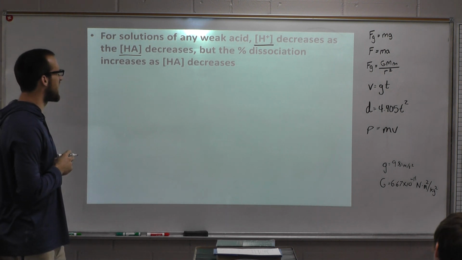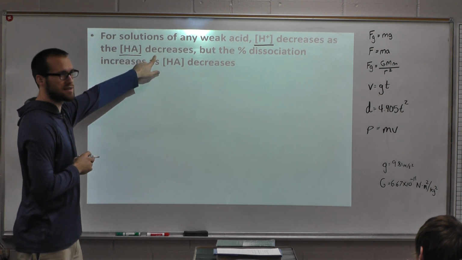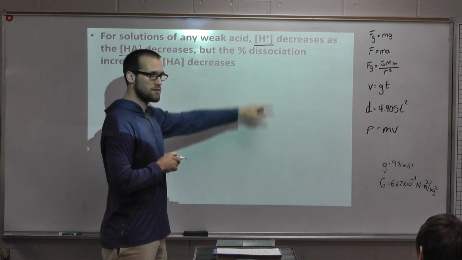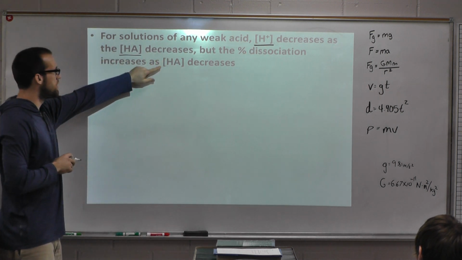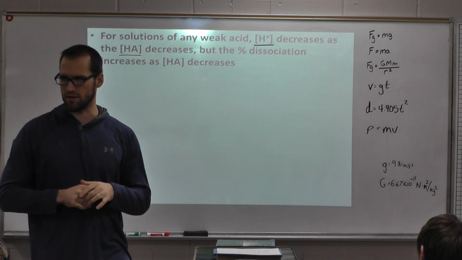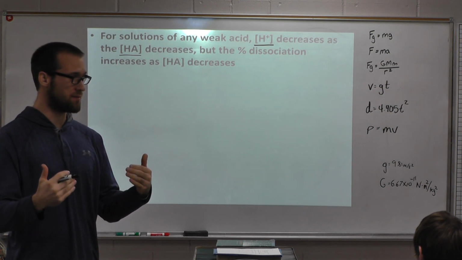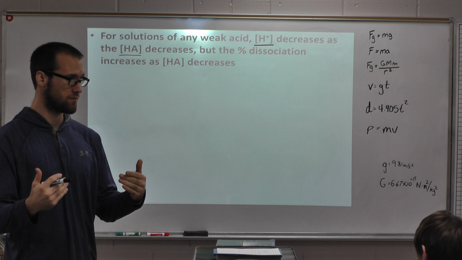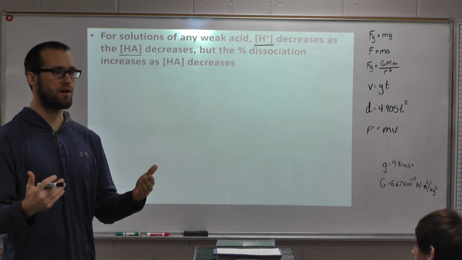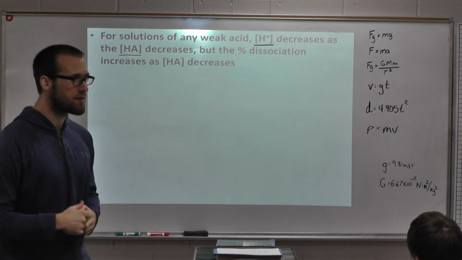Another way of saying that would be as your acid concentration increases, so will your H concentration increase, and your percent dissociation would decrease, it's just the opposite. So this is what I just stated, right? More dilute means what? Dissociates more, but what doesn't it mean? More hydrogen available.